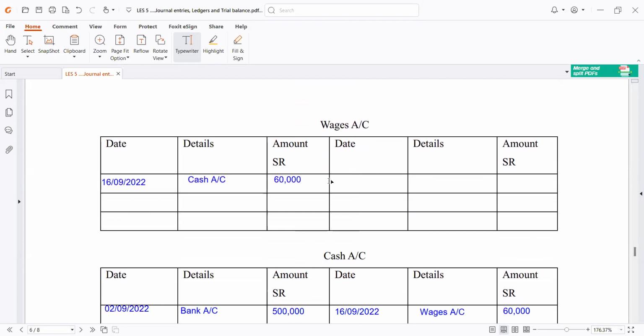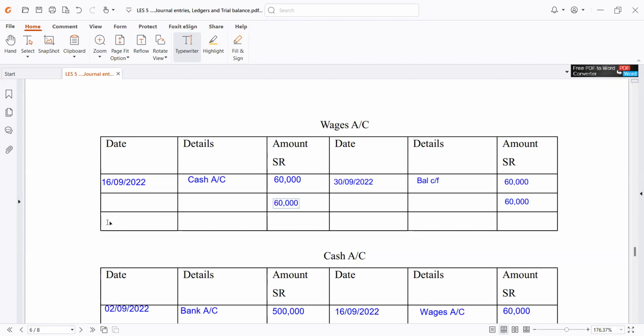We have wages. So for wages, again, we close it down on 30th September 2022. And the amount is 60,000. And the details is balance carried forward. Close the account, 60,000 on both sides. Also here, 60,000 on both sides.